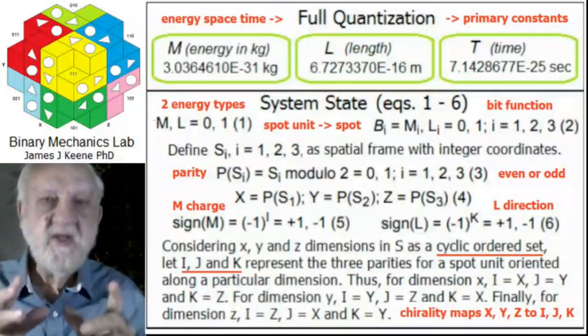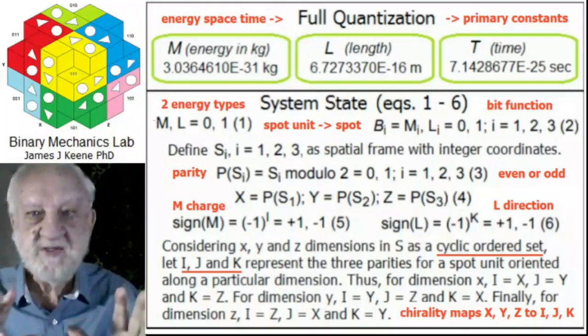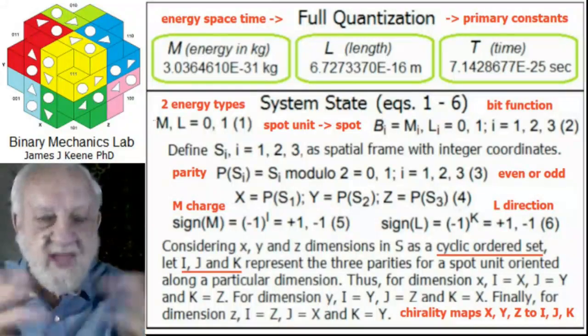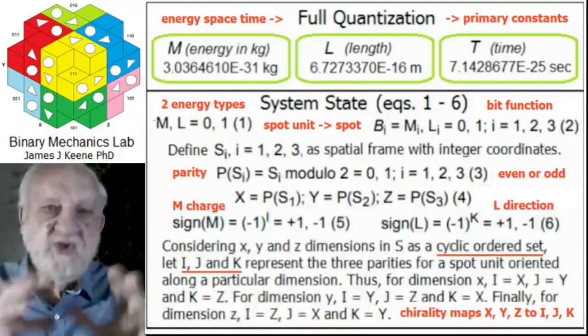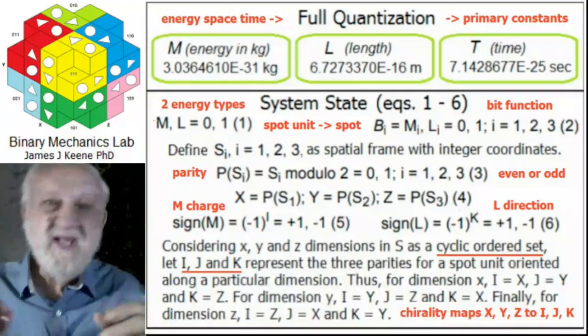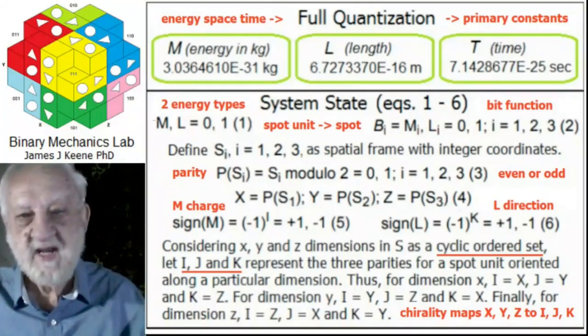For any theory of everything in physics, you only need 2 things: the system state definition, that's what do we have, and secondly, its time development, how it changes as time marches on. So now let's do a walkthrough of the basic equations of binary mechanics.